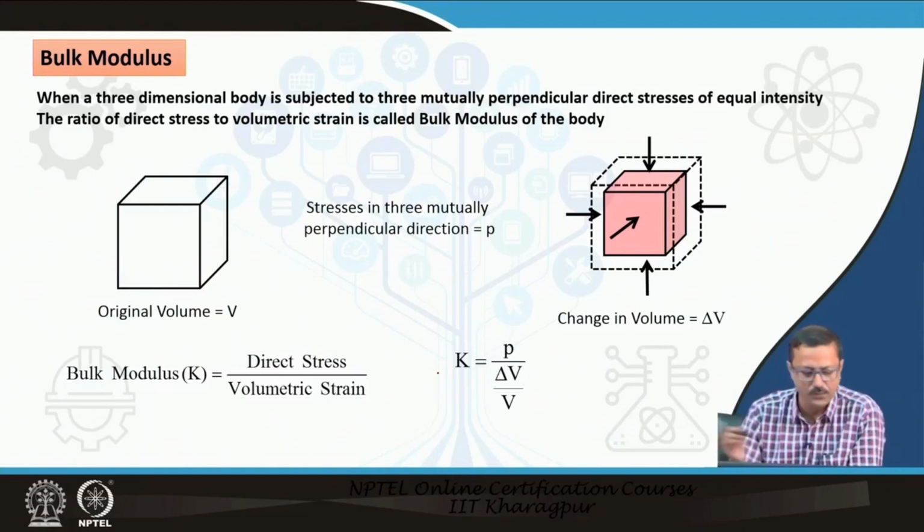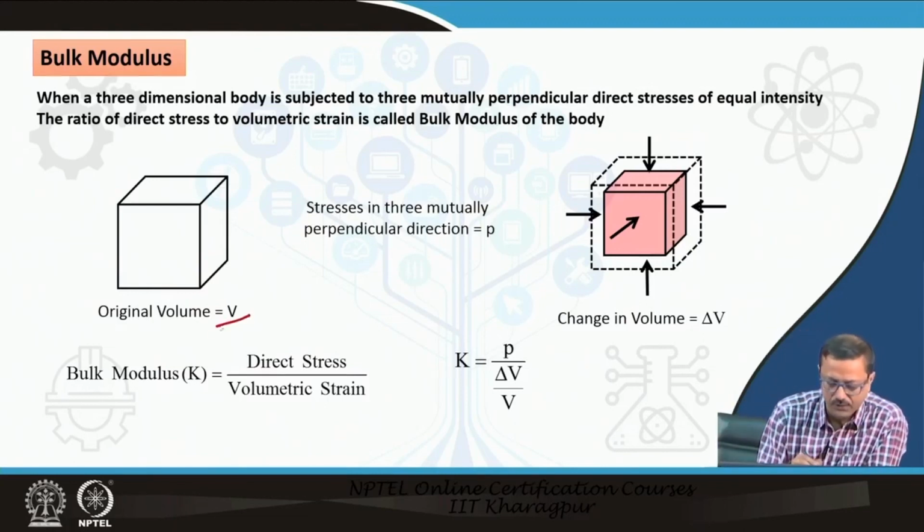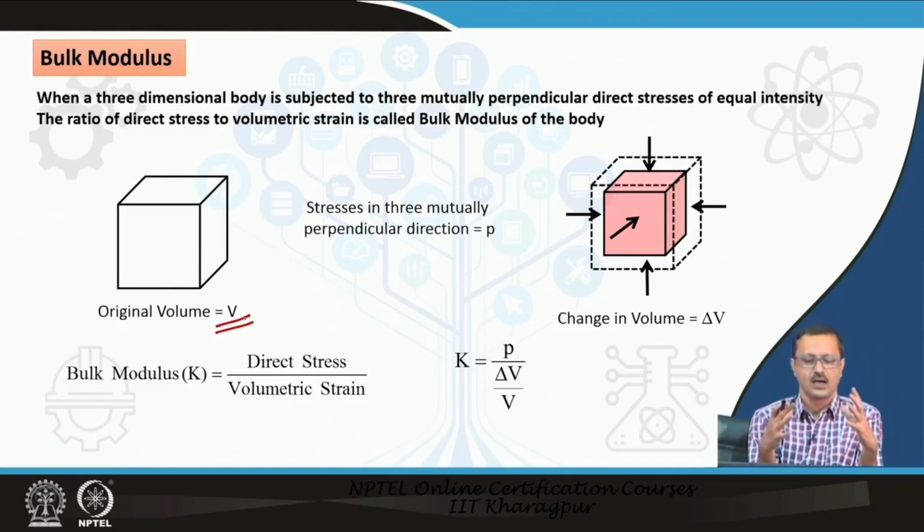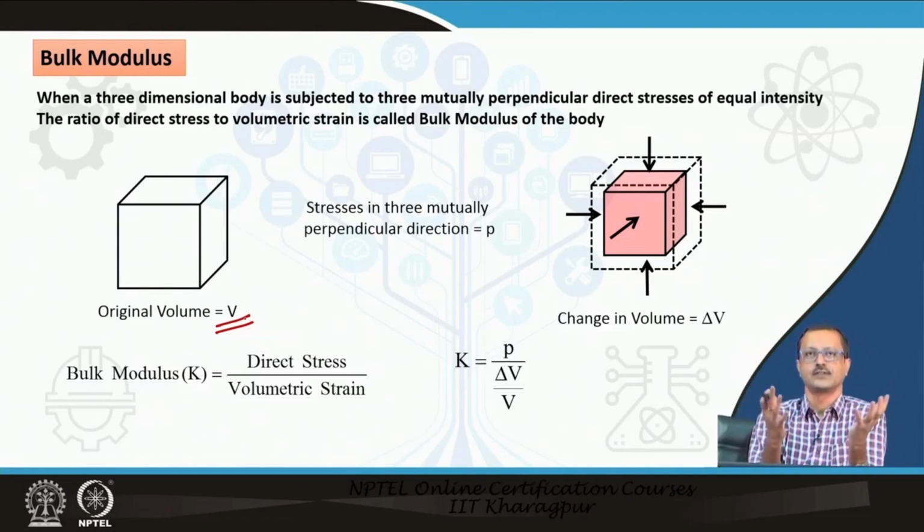So, suppose there is a block which is having an original volume V. Imagine I have drawn a cube, as most of the books draw it, or it is kind of a balloon having an original volume V, and there are three mutually perpendicular directional stresses of small p.